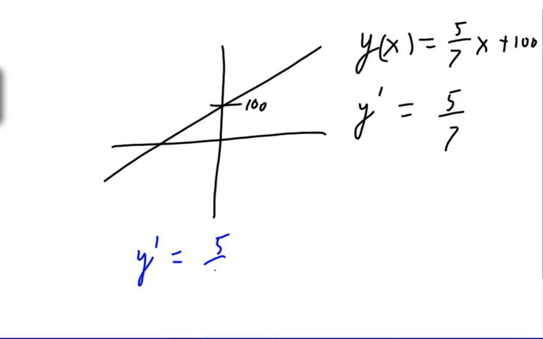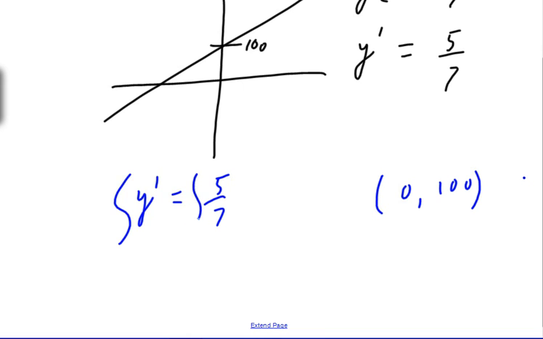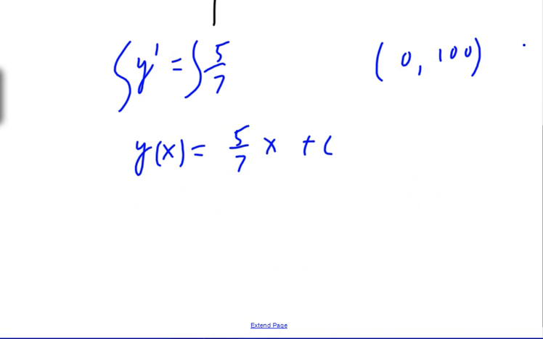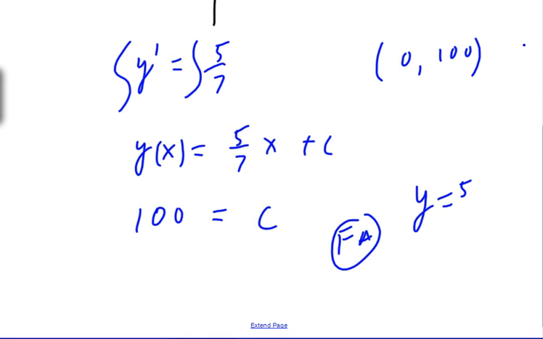Y prime is 5/7, and the answer to the problem passes through the point 0, 100. What is the equation of the line? Okay, I integrate both sides. I get y of x is equal to 5/7 x plus c. When x is 0, y is 100, so c is 100. So my final answer is going to be y is equal to 5/7 x plus 100. Okay, so that's all I'm doing.